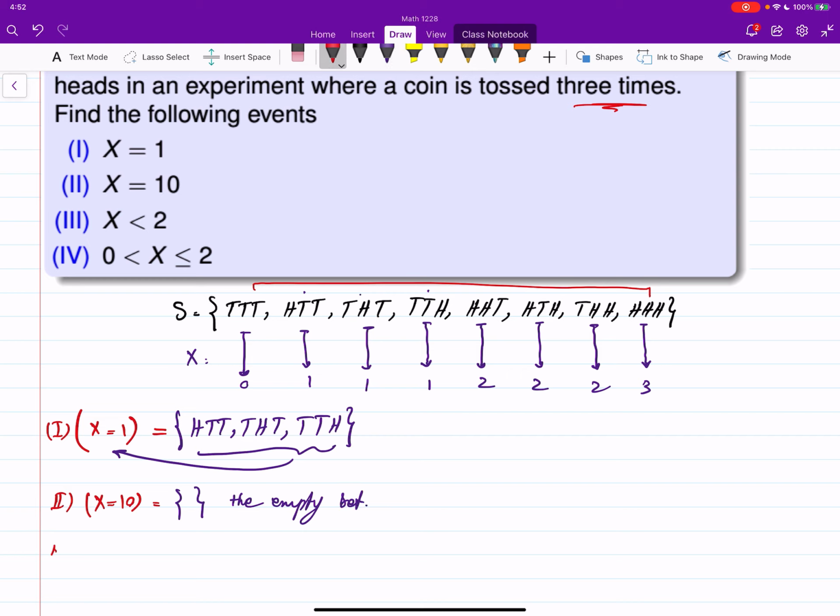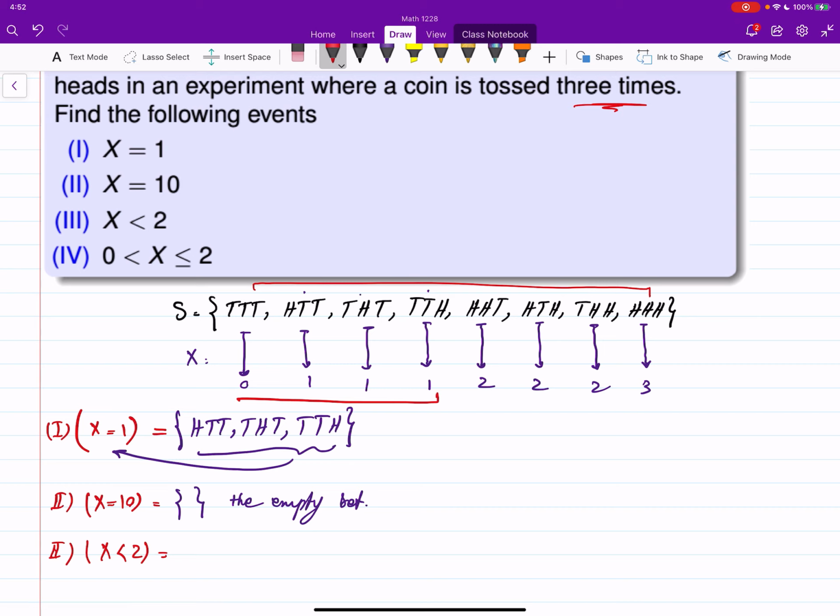Part 3 says find all the things for which X is less than 2. So here, let's see. X is less than 2, does not include 2, but anything less than that. Well, here I have all these guys up to 0.